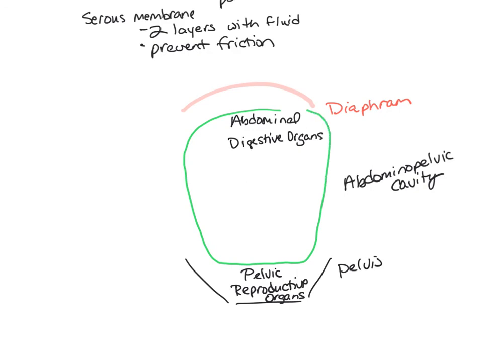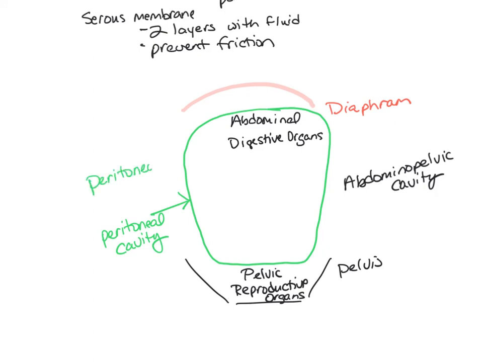And this new cavity then that contains these organs is called the peritoneal cavity. So the peritoneal cavity is made up of space that surrounds the contents of much of the abdominopelvic cavity. The name of the serous membrane surrounding the peritoneal cavity is called the peritoneum.